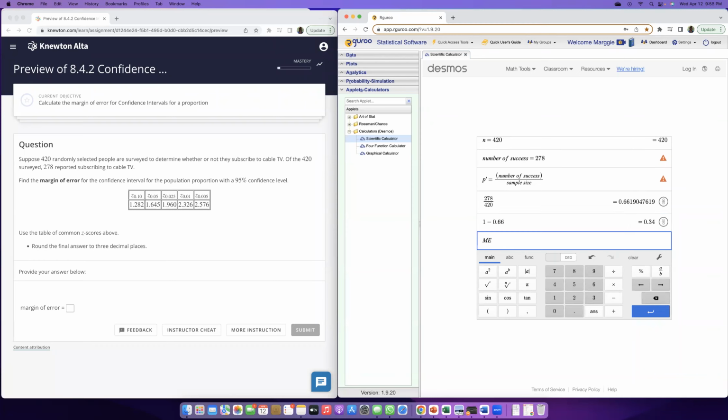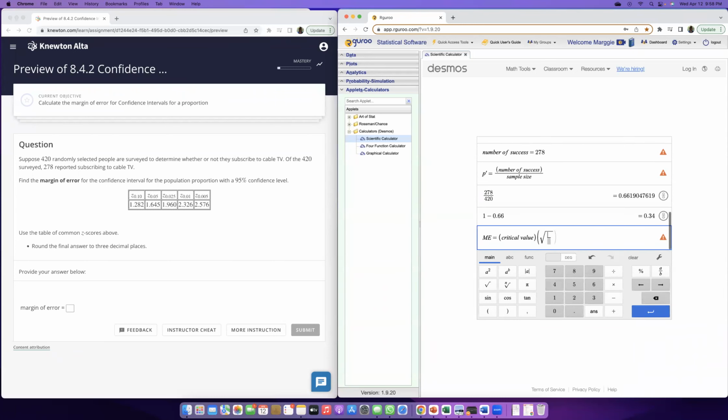To find the margin of error, the formula for the margin of error is the critical point, or the critical value, just to be consistent, times the square root of P hat times 1 minus P hat over n.